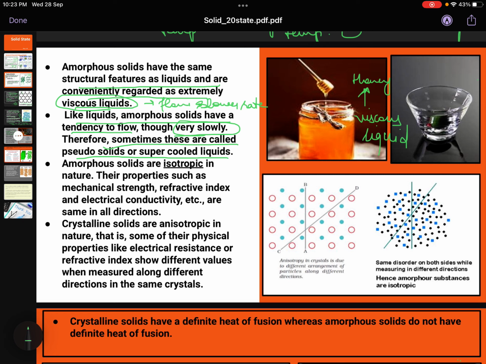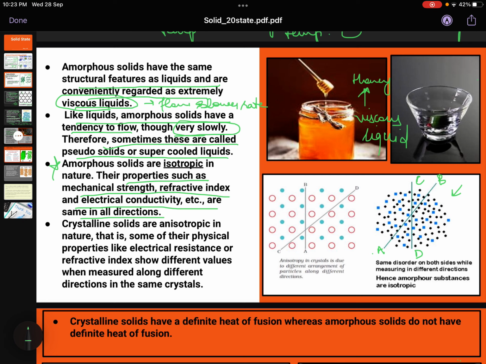Now the next point is that amorphous solids are isotropic in nature. This is a very important point. Properties such as mechanical strength, refractive index and electrical conductivity are the same in all directions. We discussed that amorphous solids have an irregular arrangement, as you can see in this diagram. When you move in direction A, B, the arrangement of particles is random, so the property will be the same as in the C, D direction.